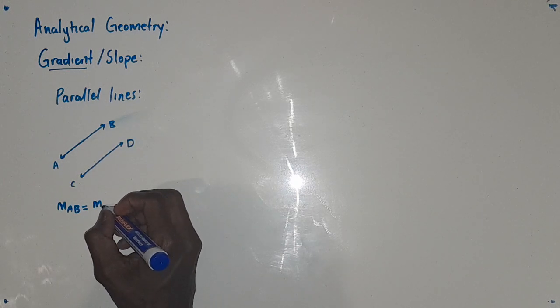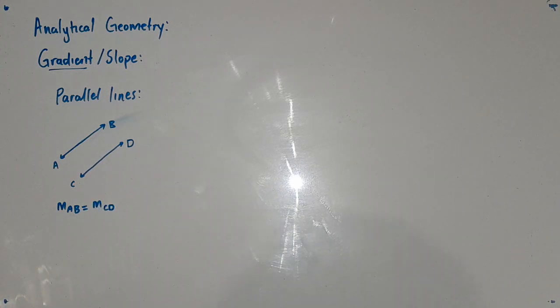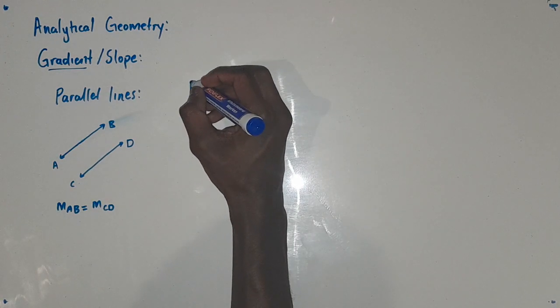The gradient of AB is going to be equal to that of CD. You just need to know this.